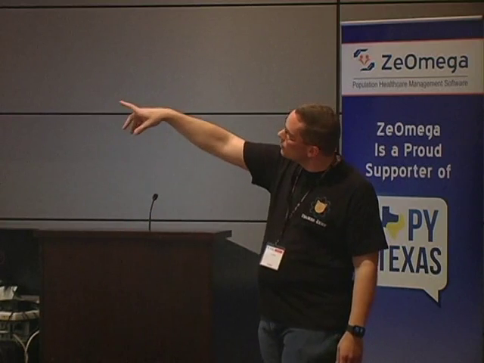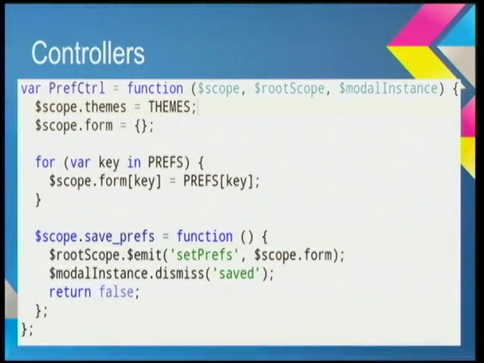So you emit an event, and then if you want to watch that event, you pass the event name, and you can pass any data with that. So I can just load up a bunch of stuff in there. I mean, you're using root scope at that point, but you're doing it in a more controlled way.